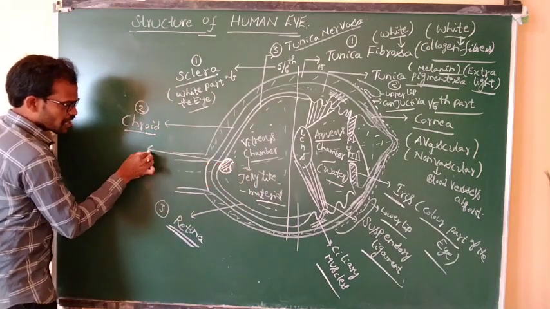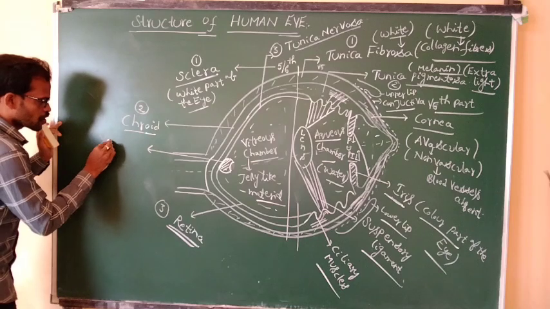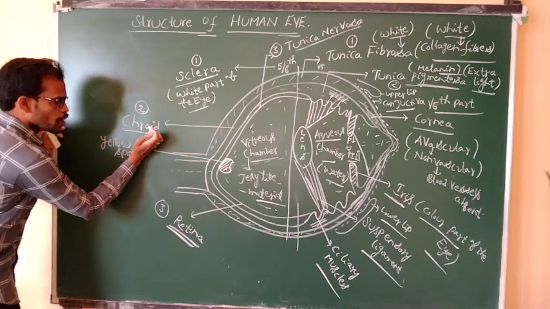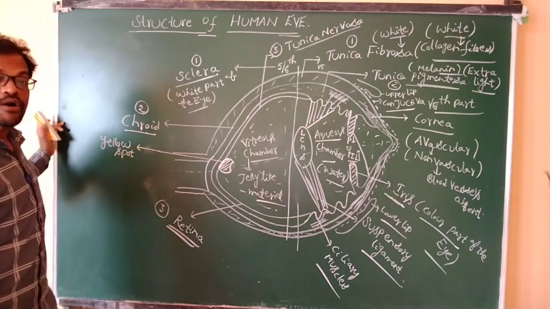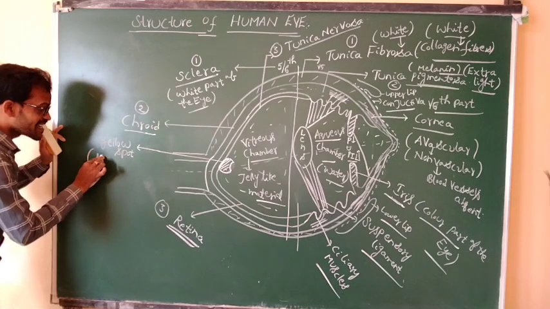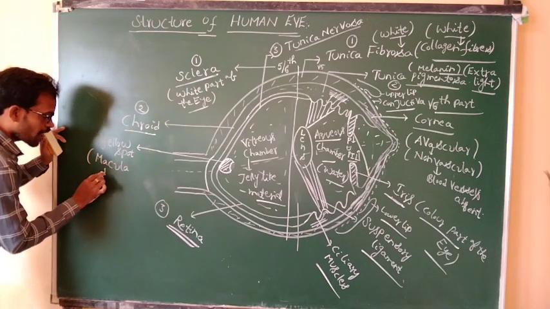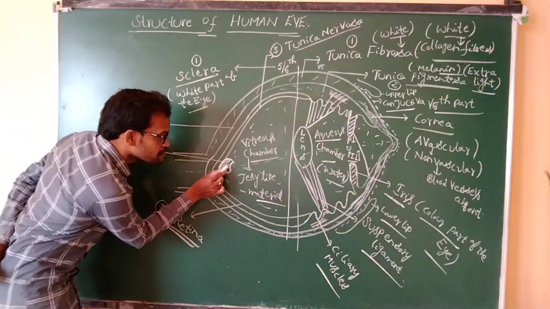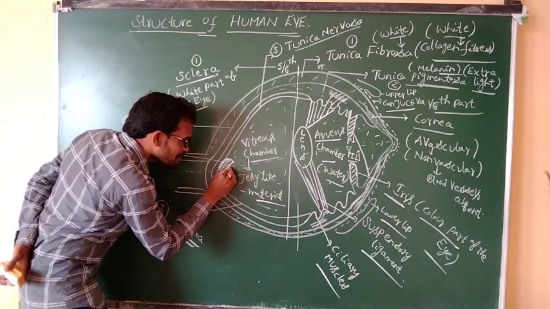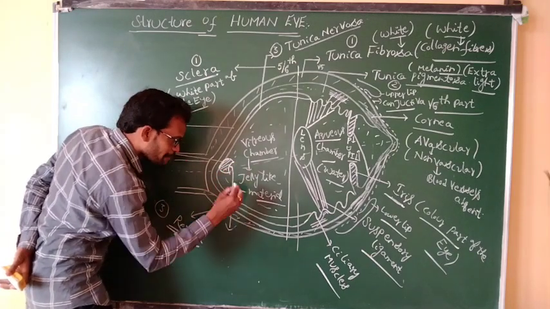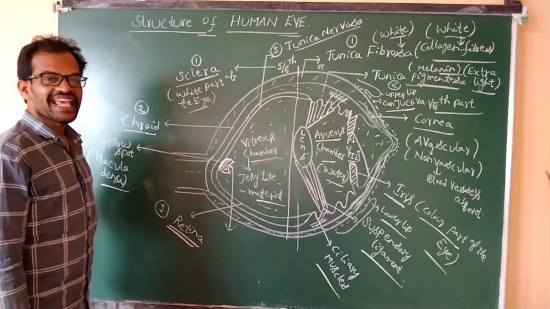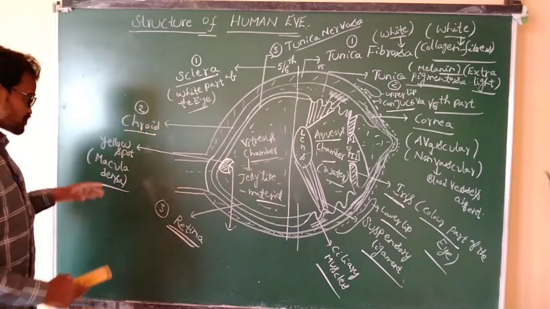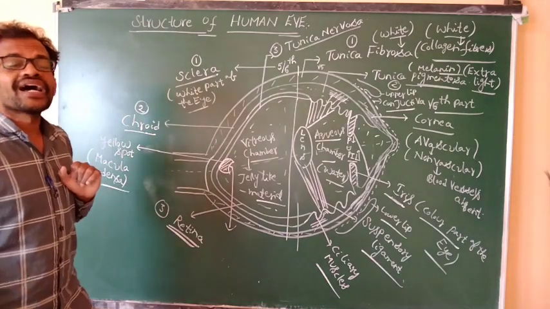The posterior surface has a yellow spot. The small depression of the yellow spot is known as the macula densa. Okay, it is a yellow spot, known as the macula densa.